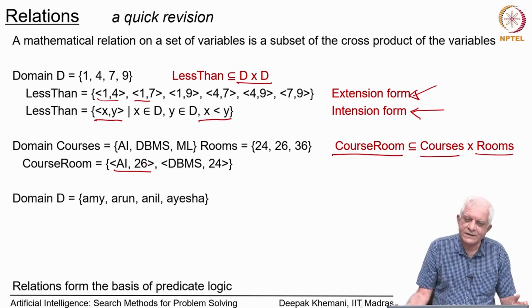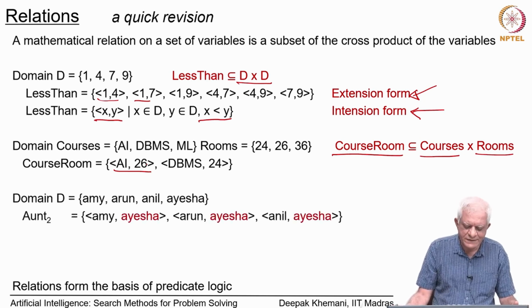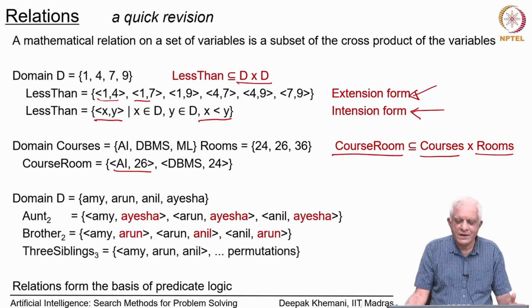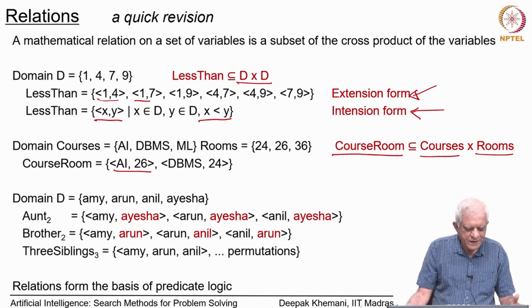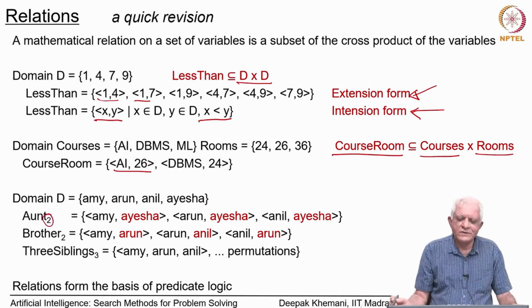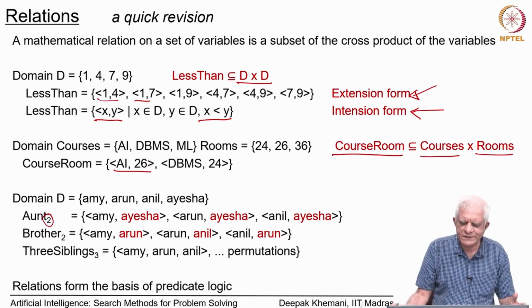Here is another domain, which is the domain of human beings. There are 4 humans here, Amy, Arun, Anil and Aisha, and there are 3 relations shown here. The first one is aunt, and if you see this number 2 here, that number 2 is the arity of the relation. Basically, in the first 2 examples, we did not mention the arity explicitly, and we kind of said that it is a binary relation, but this 2 basically says it is a binary relation, it is between 2 elements.